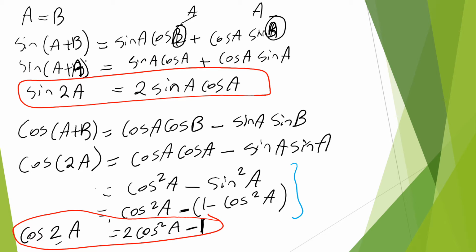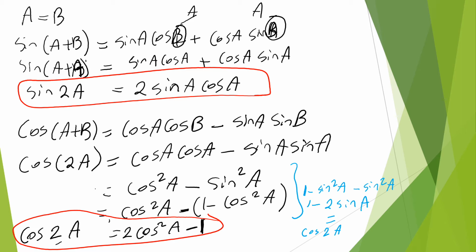Instead of changing the sine into cosine, I change this cosine into sine, becomes 1 minus sine square A, and that's minus sine square A, so it becomes 1 minus 2 sine square A. So that's the other way of cosine 2A.